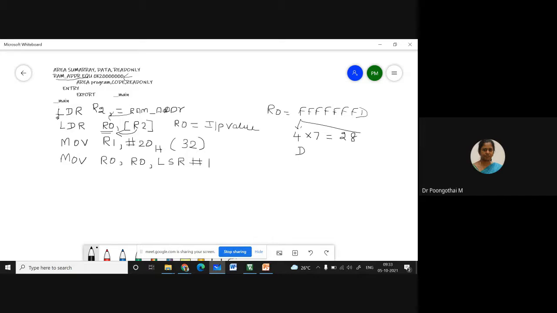For D, how many ones? 1, 1, 0, 1. For D, 3. So 31 ones. Okay. And how many zeros? 1, 0. For 31, the hexadecimal representation is 1F. So I'm going to shift this particular number towards the right direction by 1 time.